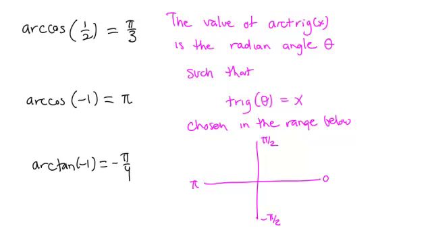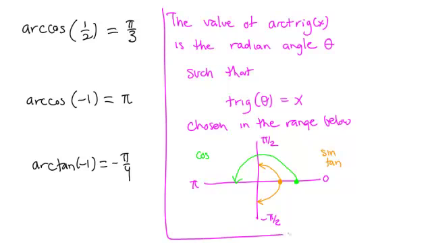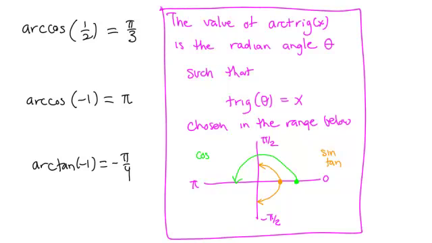So if, for example, your trig function is sine or tangent, you're going to pick it so that the angle theta ranges from 0 up to pi over 2, or from 0 down to negative pi over 2. And if you're dealing with the cosine function, you're going to pick an angle that ranges from 0 all the way up to pi as your largest angle.